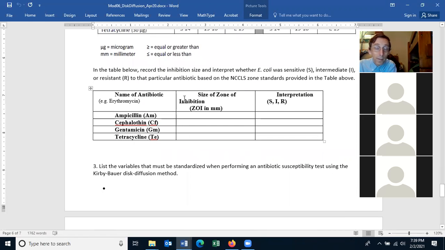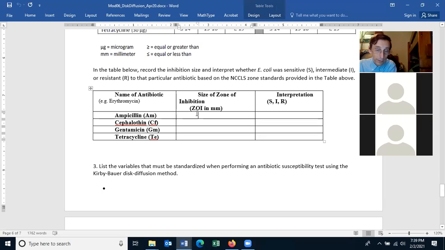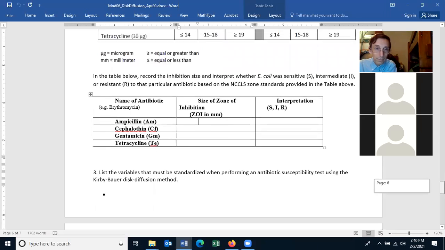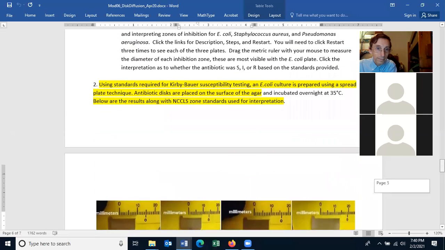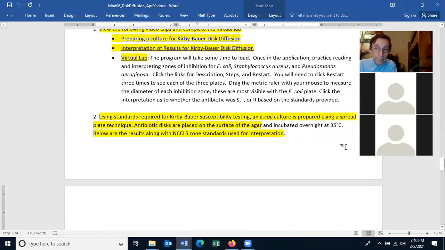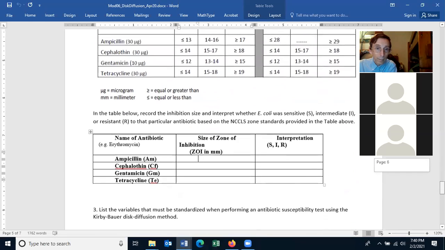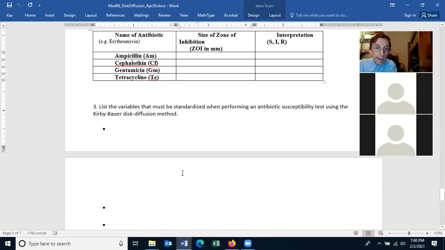And then, not here, but in the worksheet, fill in the questions, and I changed this so that you can put in a measurement there. You can actually write in the document. And then measure the zone of inhibition in millimeters and give your interpretation for question 2. And then answer the questions here for question 3.